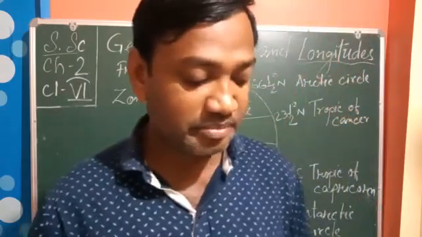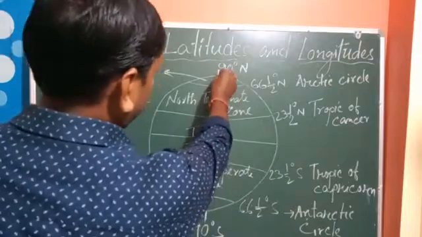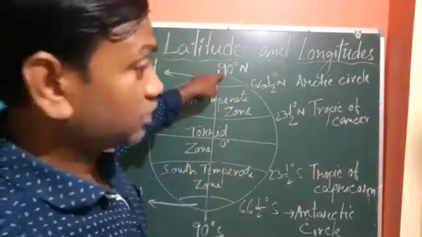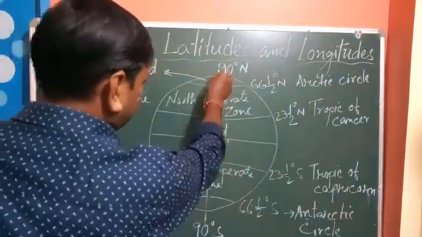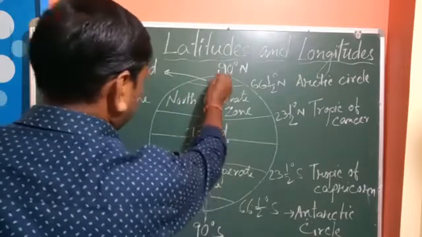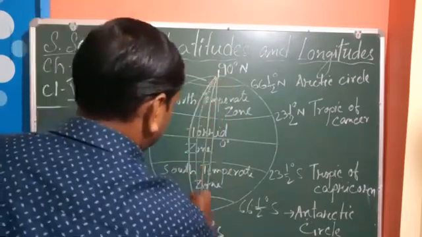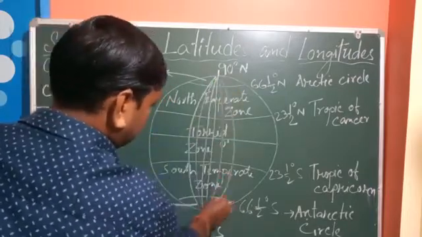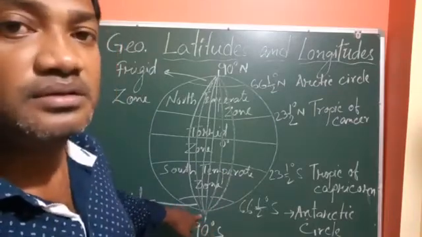These lines are called meridians or lines of longitude. From the North Pole, all the lines come down and again join at the South Pole.